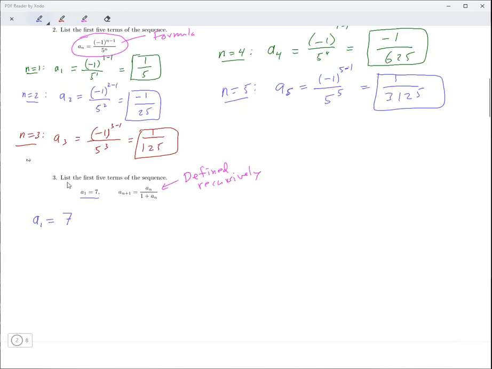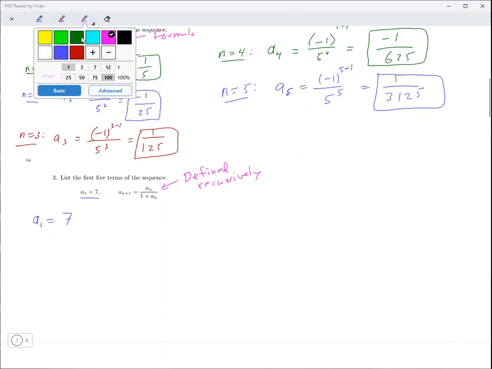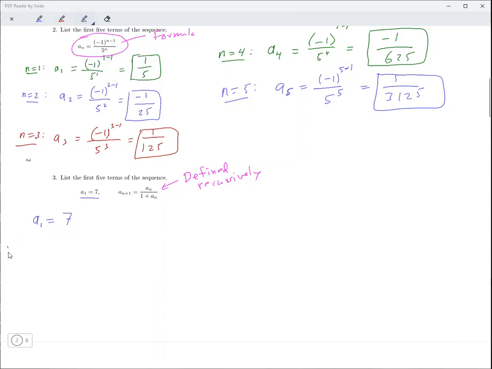Now, to get a sub 2, it's not like you're going to plug 2 into something. What you're going to do is set n equal to 1 in this formula here.